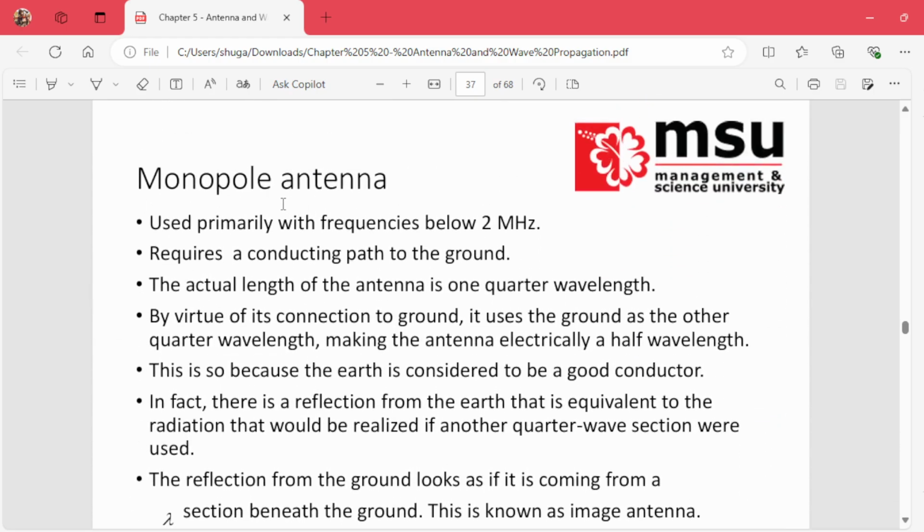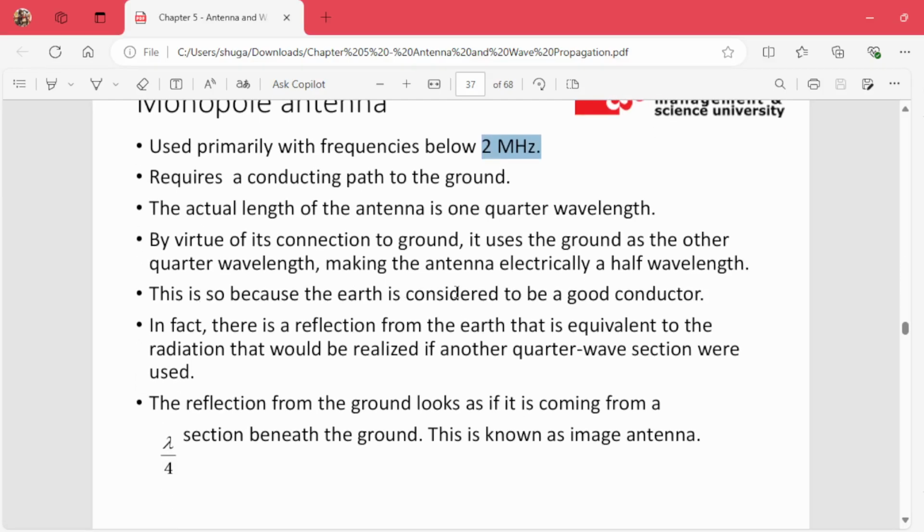So a monopole antenna is used primarily with frequencies below 2 MHz, and it requires a conducting path to the ground. The actual length of the antenna is 1/4 wavelength, and by virtue of its connection to the ground, it uses the ground as the other quarter wavelength, making the antenna electrically a half wavelength.